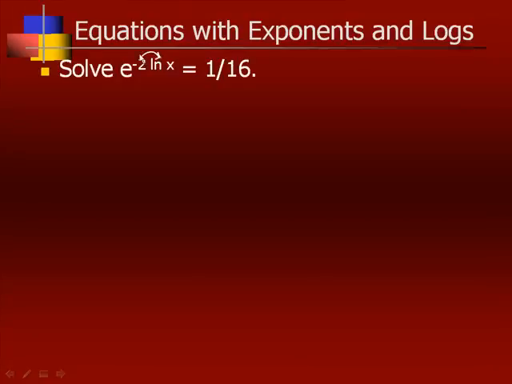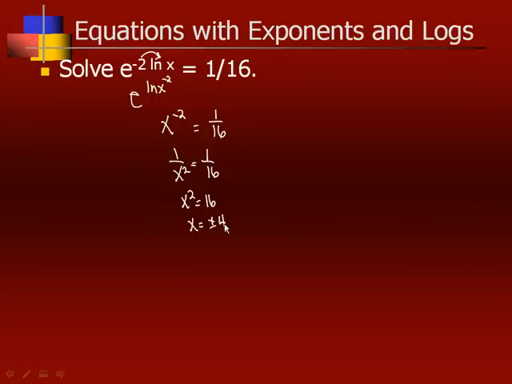Well, the negative 2 natural log of x means e to the natural log of x to the negative 2, and e to the natural log cancel, so we get x to the negative 2 is equal to 1 over 16, which says 1 over x squared is equal to 1 over 16, which says x squared has to be 16, so x is equal to plus or minus 4.